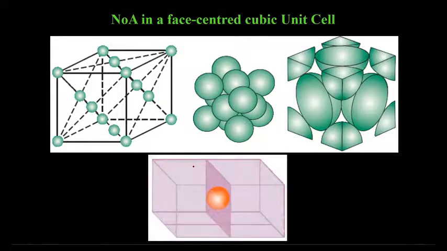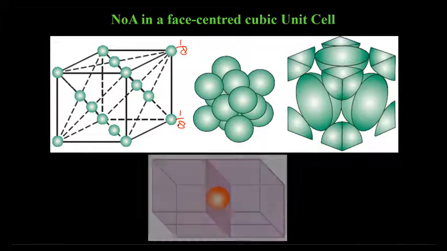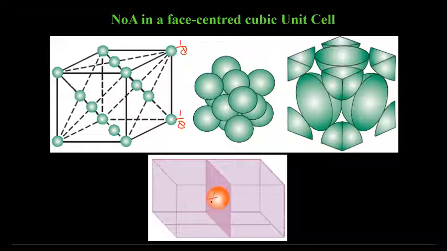The contribution from the corners will be 1 by 8 from all corners, but at the face, the contribution is half in the left side cell and half in the right side cell. So one atom is actually divided in half if it is on a face. And there are a total of 6 faces in a cube.